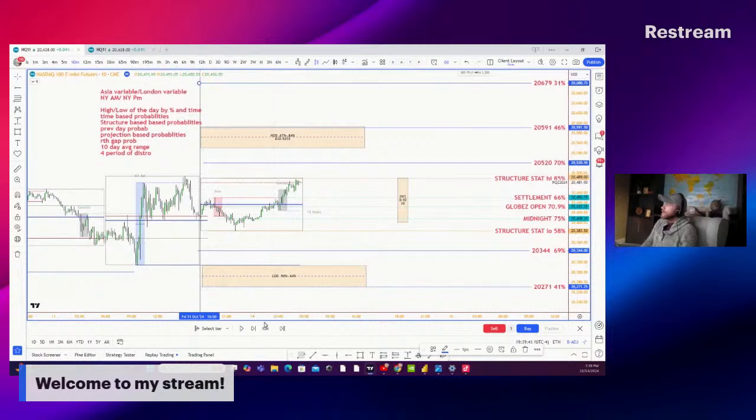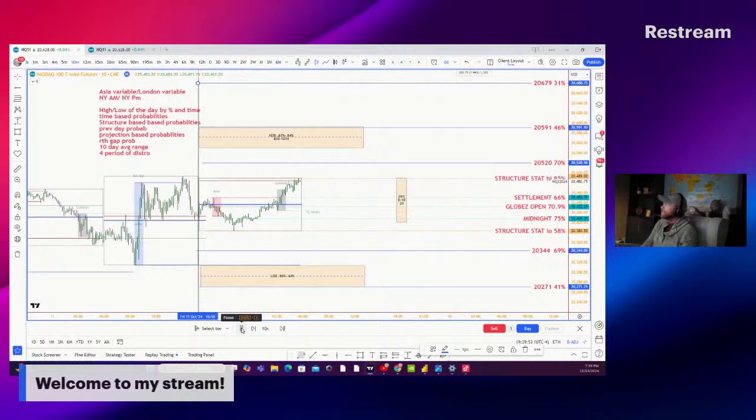Now, price is played out. Usually this is around 625 now. Weird. Why is this taking so long?